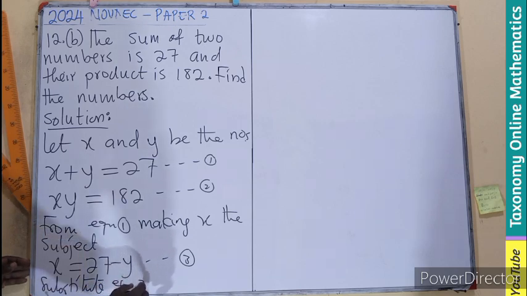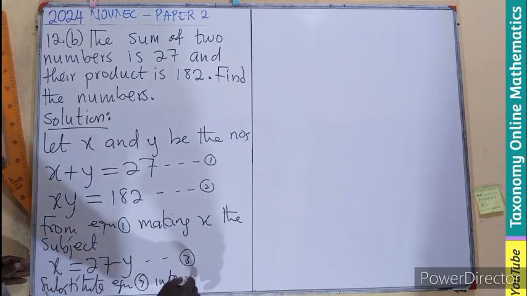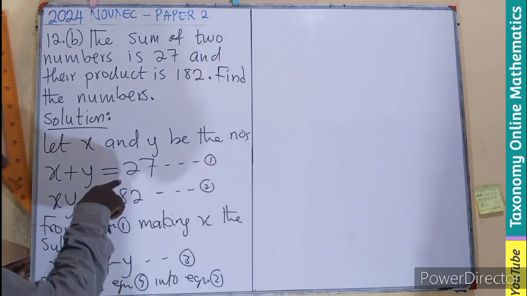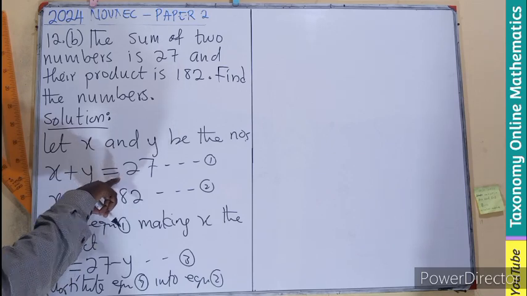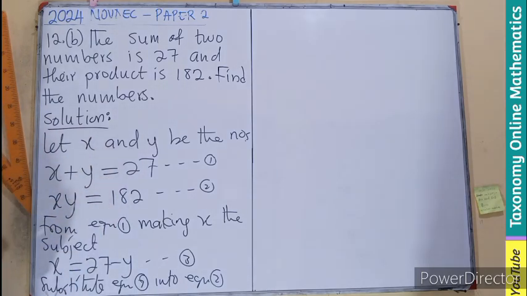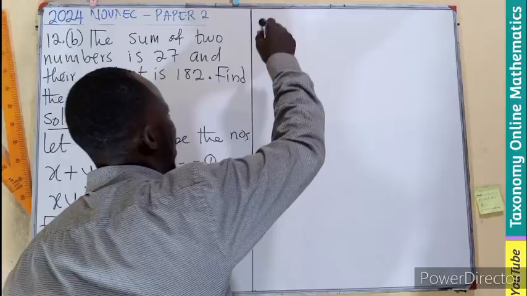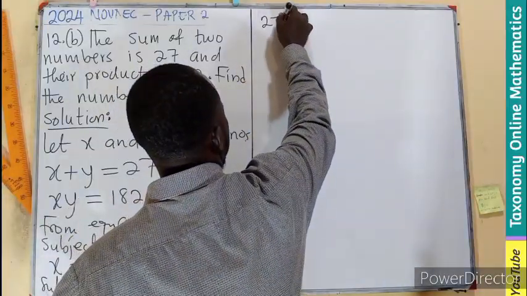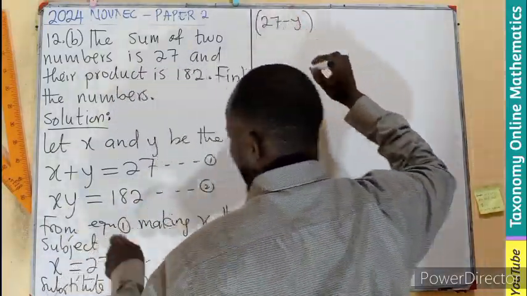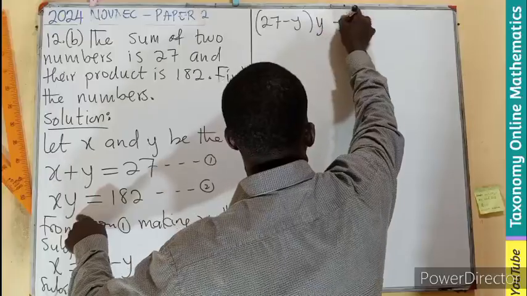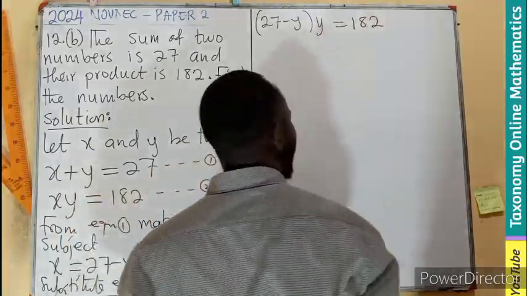So now we are going to substitute equation 3 into equation 2. We did it with equation 1, so we put a value into equation 2. Meaning everywhere I see x in equation 2, I'll replace it by 27 minus y. So I'll have 27 minus y multiplying y, all equals 182.